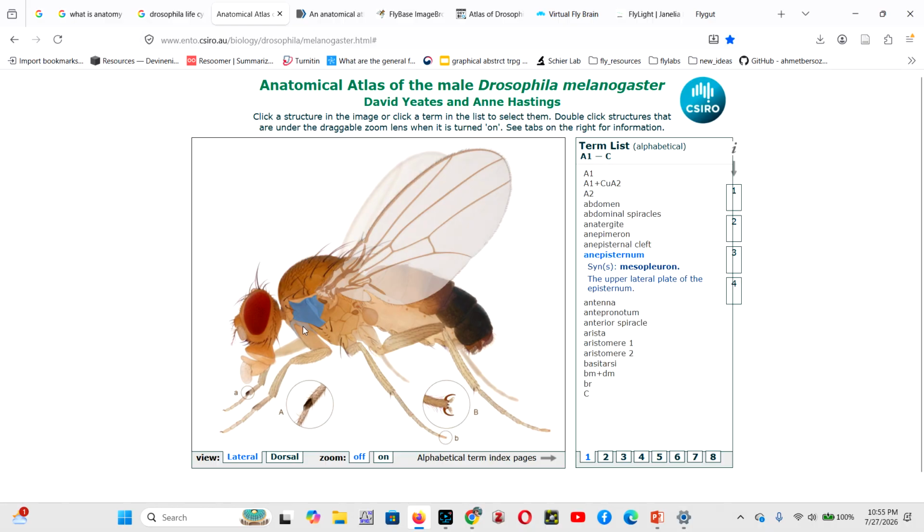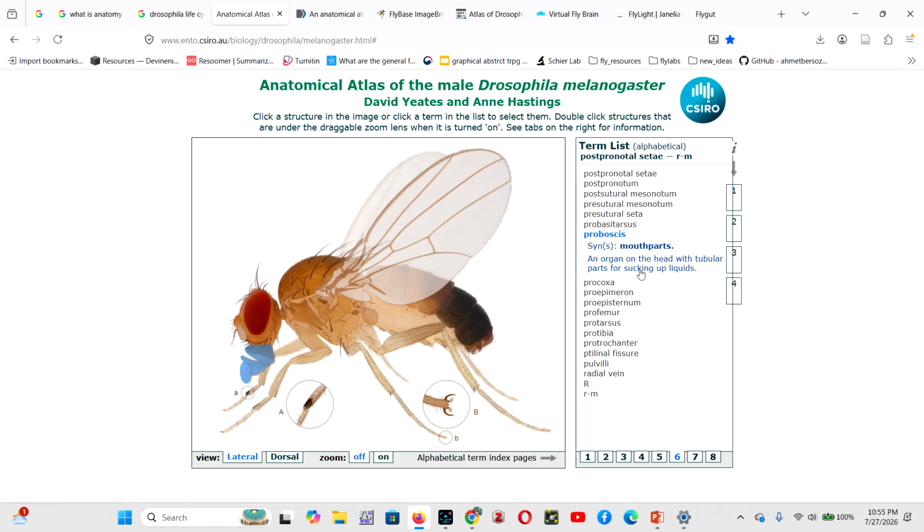In the next videos I'm going to talk about each of these structures, but I want to let you know that if you look from the lateral side, you just need to click here. If I click here, this is a proboscis, and there's a short, very brief definition of that organ part.